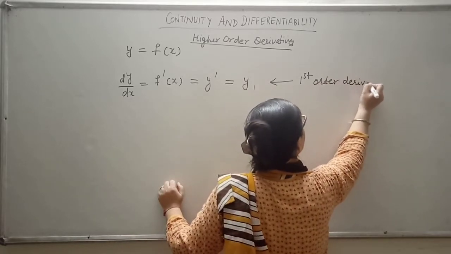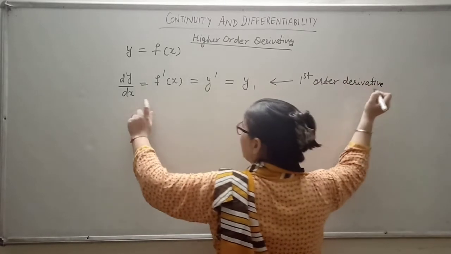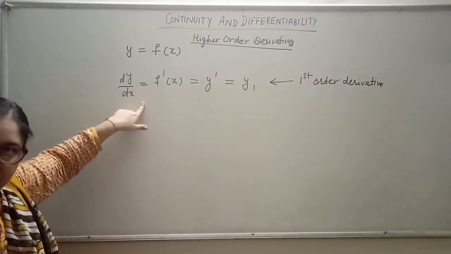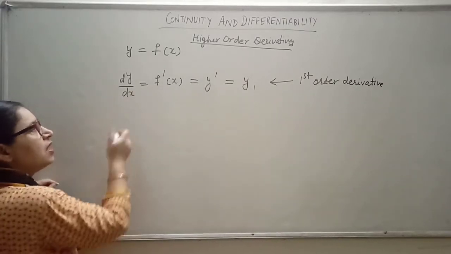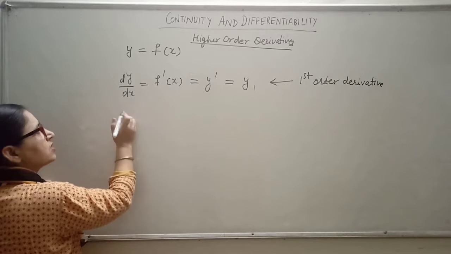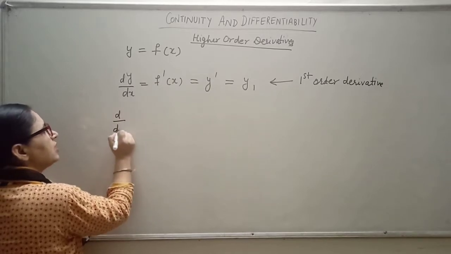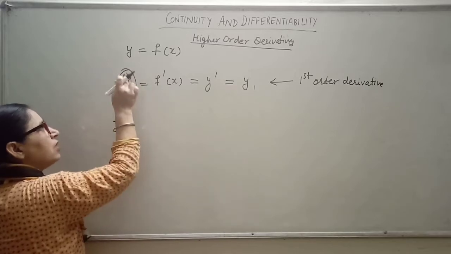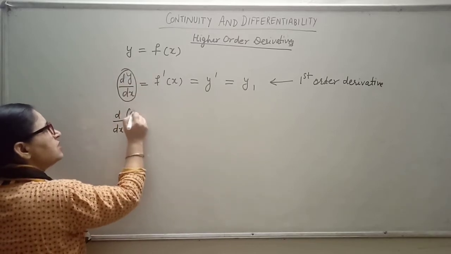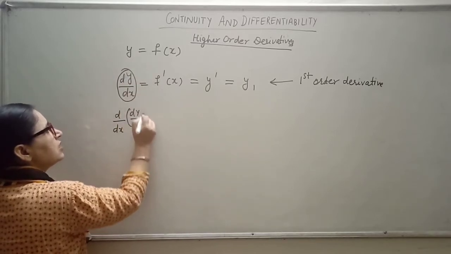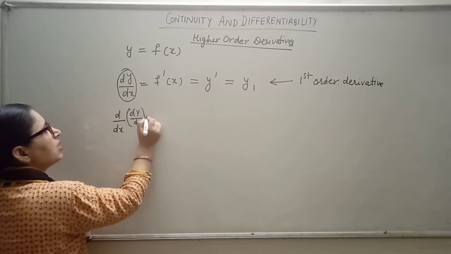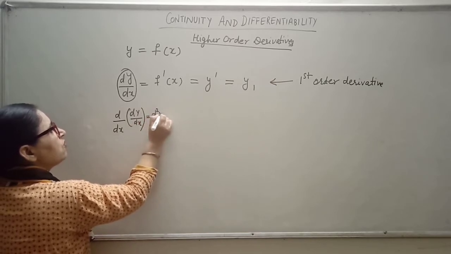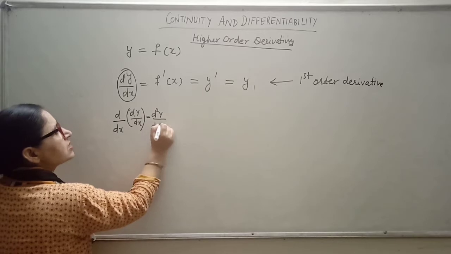But if I differentiate this again with respect to x, then what does it become? It means d by dx, again I am differentiating dy by dx. Then it becomes d square y on dx square.